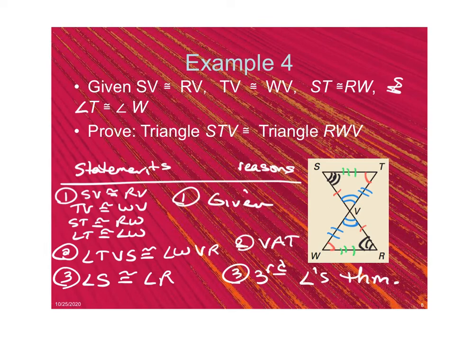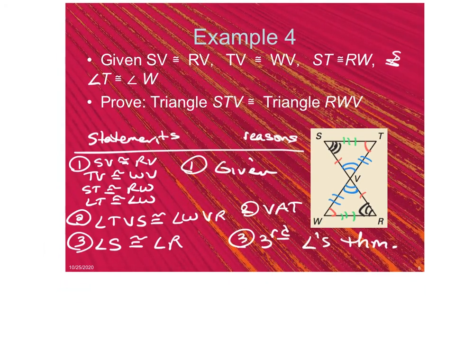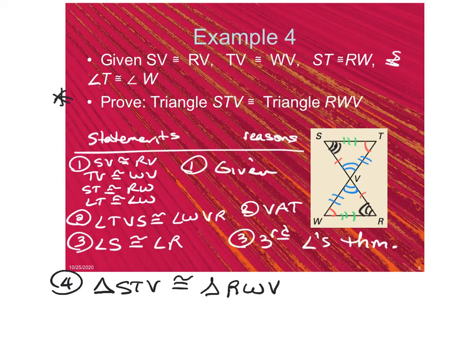And now the order of this statement is important. But again, they gave it to me at the beginning. So I can now say what I was trying to prove up here, that triangle STV is congruent to triangle RWV.